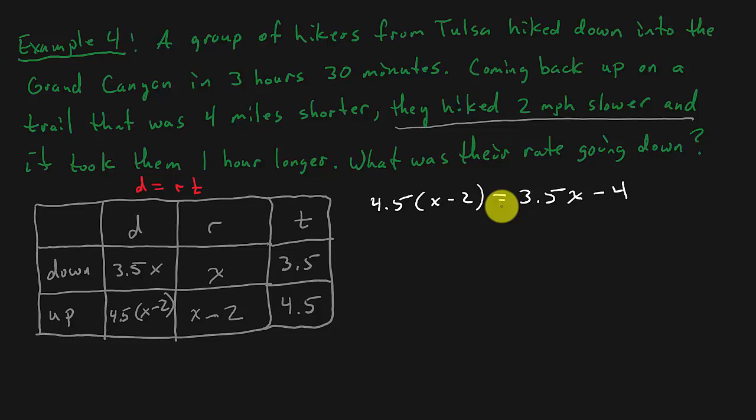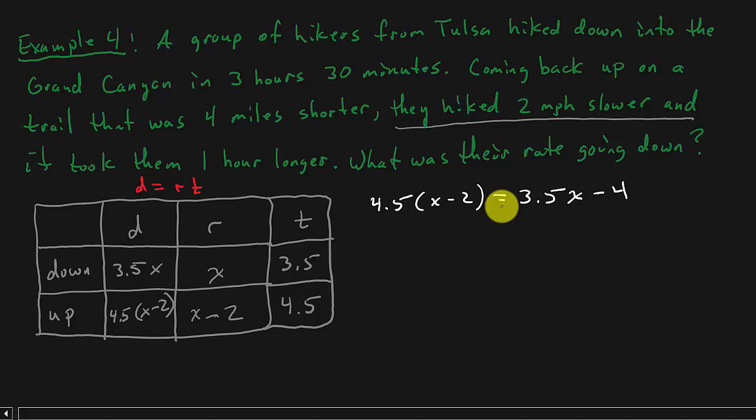And so, well, once again, we've got decimals, right? So I could multiply everything through by 10, right? To get rid of the decimals. I could do that. But let's look. And yes, I do have more than one decimal. But look, I'm going to distribute that 4.5, right? And I'm going to have a 4.5x over here, and I'm going to have a 3.5x over here. And I'm going to end up subtracting the 3.5x from both sides.